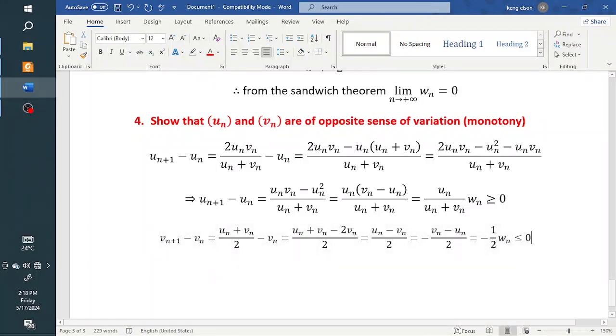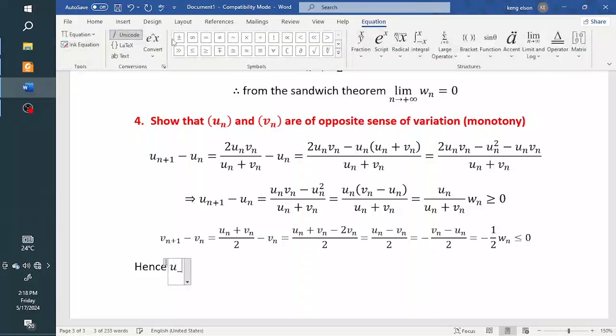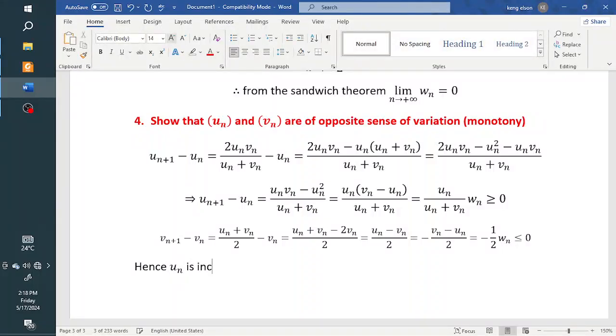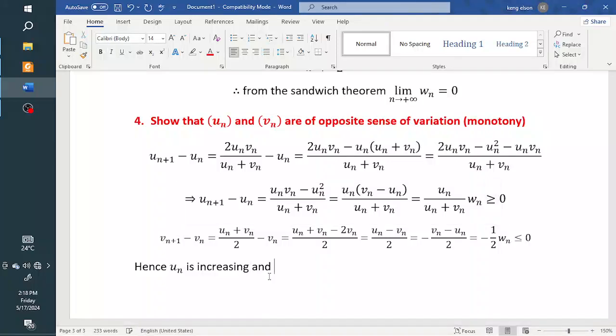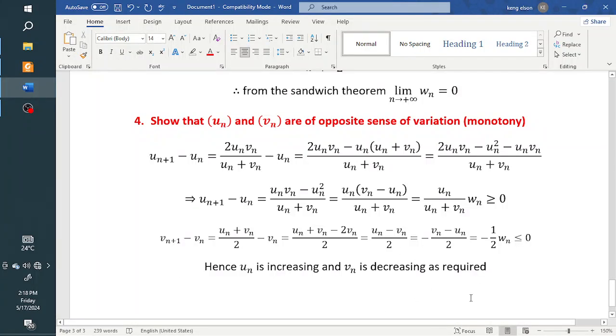So from there, I think we can conclude that hence Un is increasing since Un plus 1 minus Un is positive, and Vn is decreasing since Vn plus 1 minus Vn is negative. So they have opposite sense of variation. One is increasing and the other is decreasing.